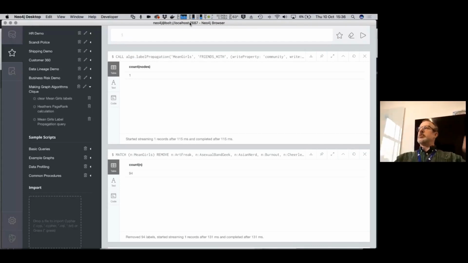Every time it goes through an iteration, a node will get the community assigned to it that is based on the majority of connections from its neighbors. The graph keeps moving labels around until it reaches equilibrium, where every node has a community as determined by the majority of its connections.